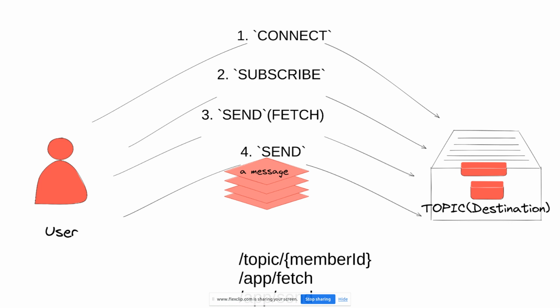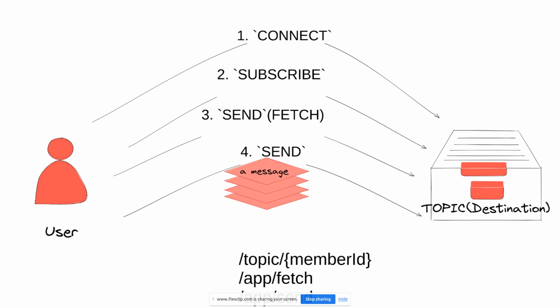And this is an example of using the Stomp protocol. This is a frame-based protocol. So connect. The topic is the server's destination. It's your queue or your topic, your destination. If you're trying to connect, subscribe, and send or fetch data, or send a message.